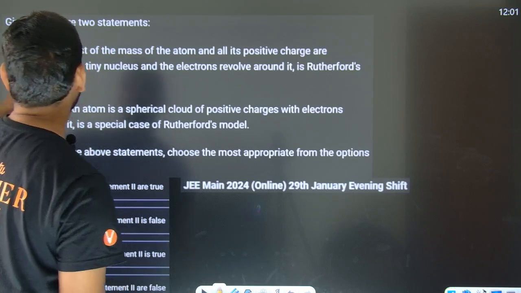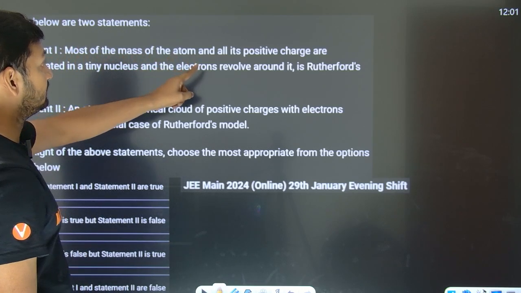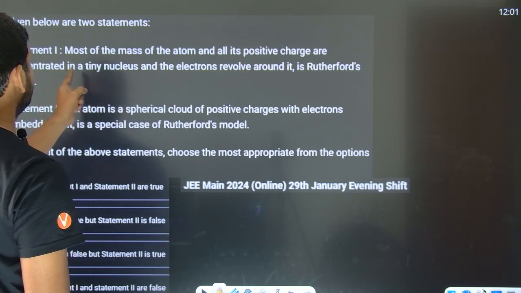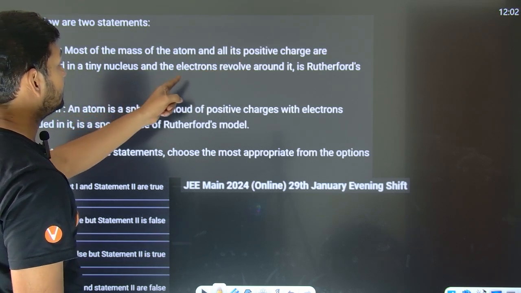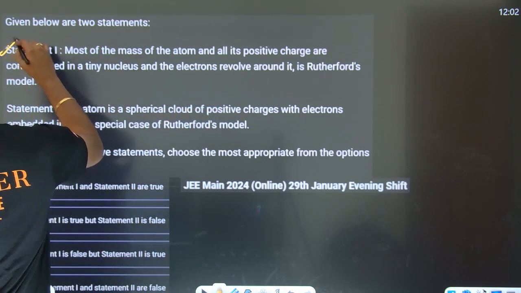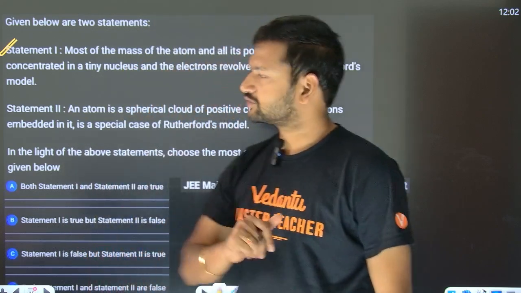Okay. Given below are two statements. Statement 1: most of the mass of the atom and all its positive charge are concentrated in a tiny nucleus and the electrons revolve around it. That is Rutherford's model. Yes, that fellow gave that only. That's what the alpha scattering experiment has proved. Now let us go for statement 2.